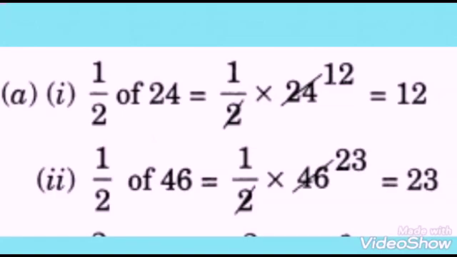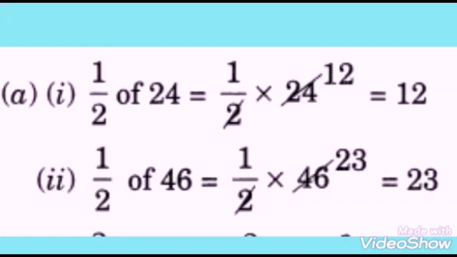In A, first subdivision, 1 by 2 of 24. So as I said before, "of" is an operator which will do multiplication. So instead of "of", you have to put the multiplication symbol. Here 1 by 2 of 24 means you have to put the multiplication symbol, so 1 by 2 into 24.